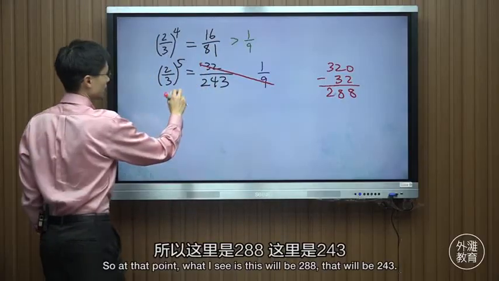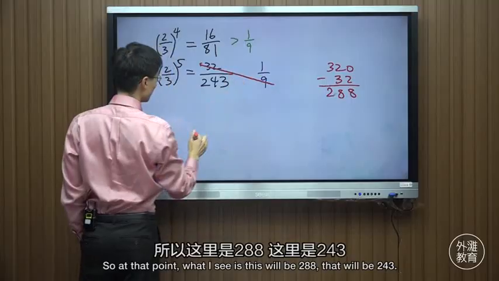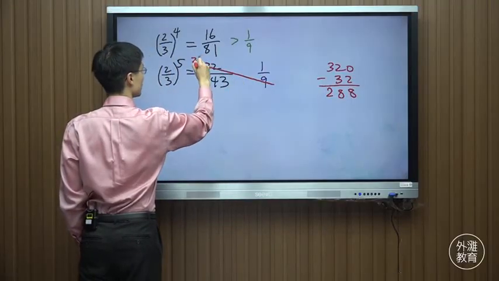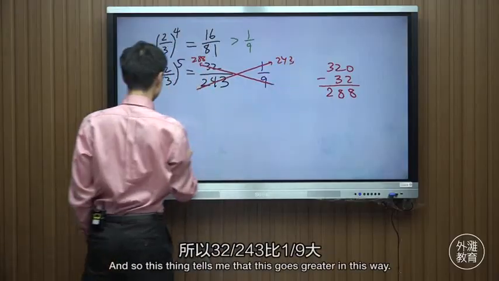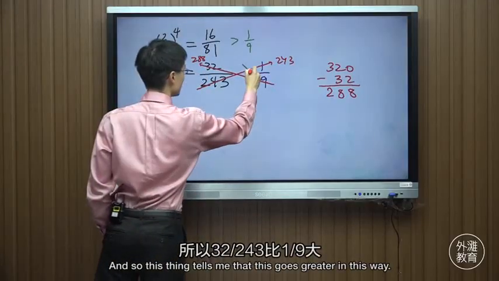So at that point, what I see is this would be 288, and the other one would be 243. And so this tells me that it goes greater in this way.